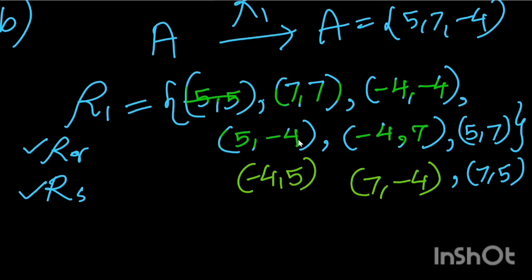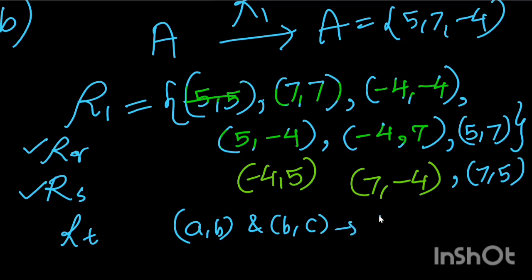Now minus 4, 5 and 5 minus 4, we are testing for transitivity, meaning if AB and BC are there, then we should also have AC. 7 minus 4, 7 is there; 7, 5, 5 minus 4, 7 comma minus 4 is there. Guys, see this: AB, BC, AC, it is there.